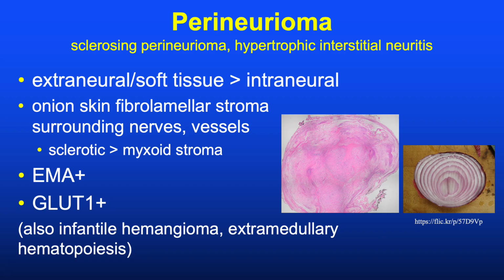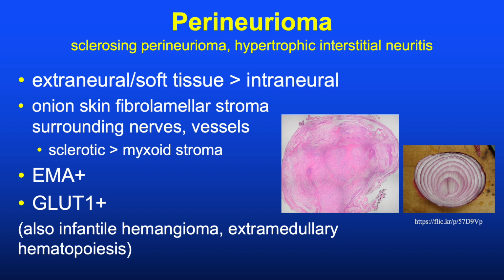Perineurioma is a benign tumor that may arise within a nerve, but more commonly arises extraneurally within the soft tissue, where we might see it involving the skin. There's a characteristic onion skin fibrolamellar stroma associated with nerves and vessels, and the immunophenotype is distinctive.